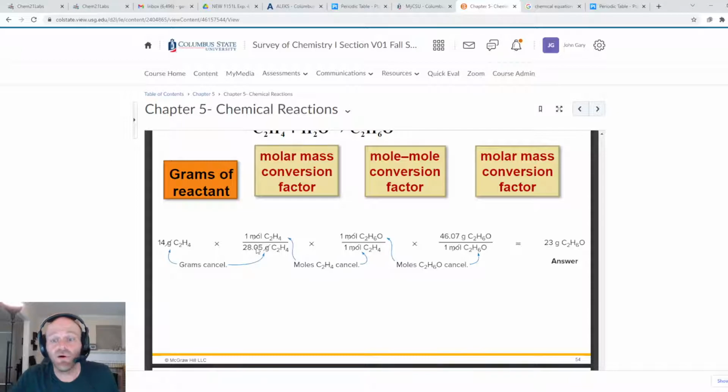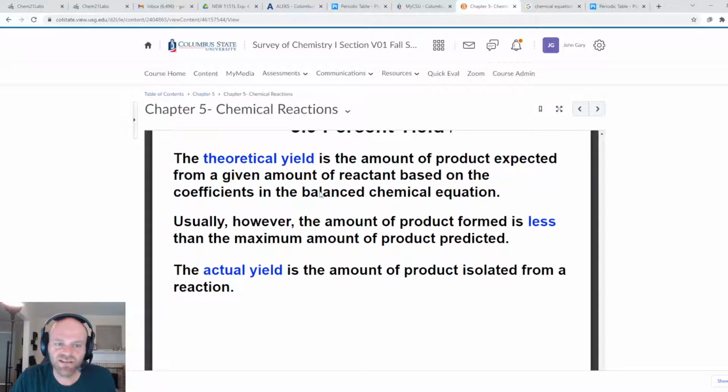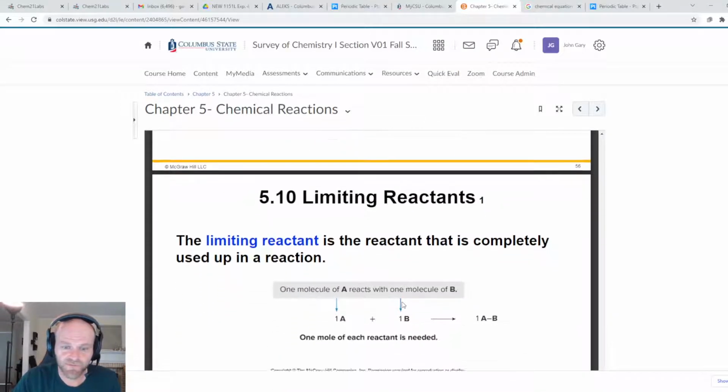That's how many moles I should be able to make of this, the C2H6O, but I actually only get a lesser amount. So that's just the actual versus theoretical. And if you want to figure out a percent, you can just do actual over theoretical times 100.